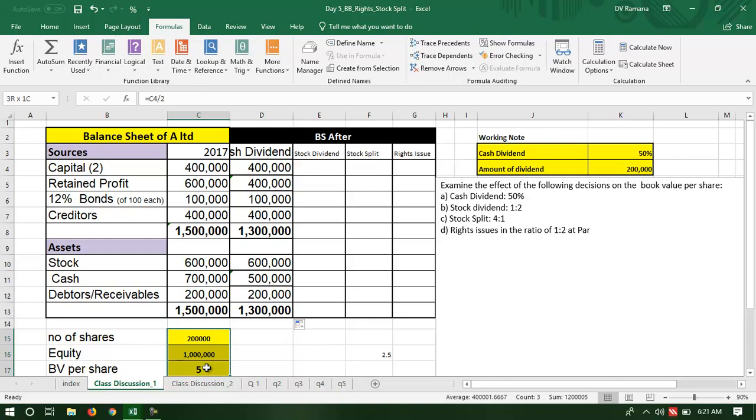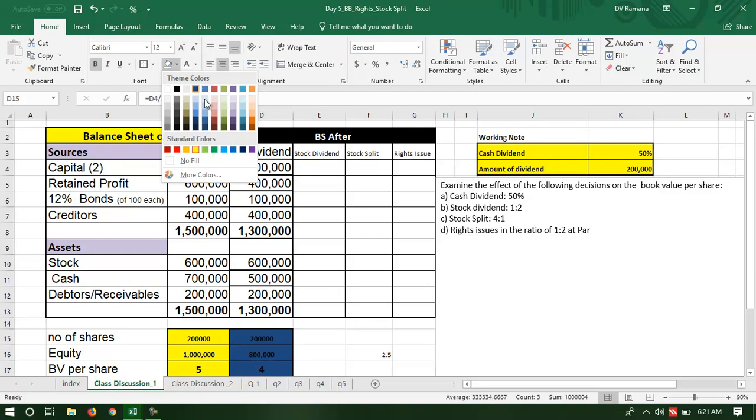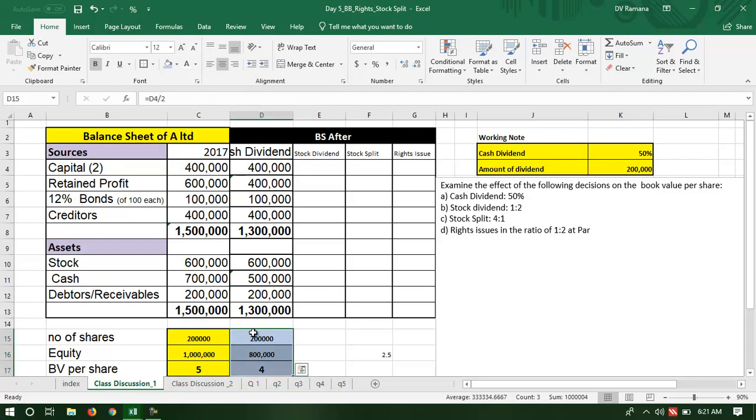So what is the impact on the book value? The book value is now reduced to 4. But why did the book value reduce? The book value reduced because the number of shares remaining same, but the equity has come down.